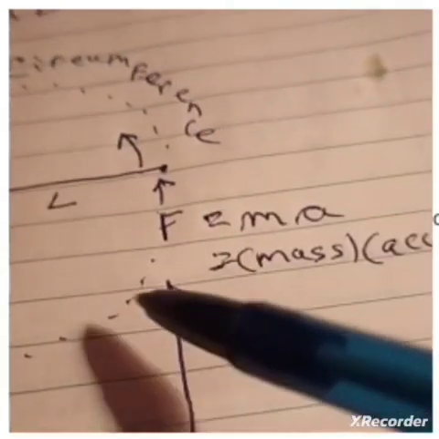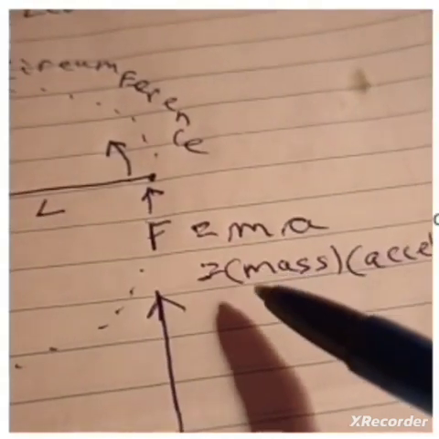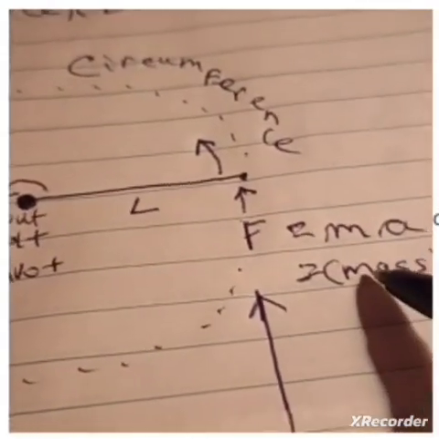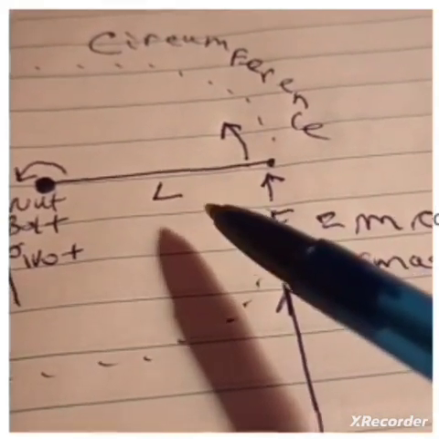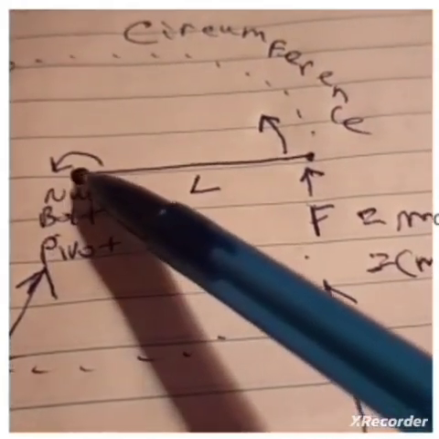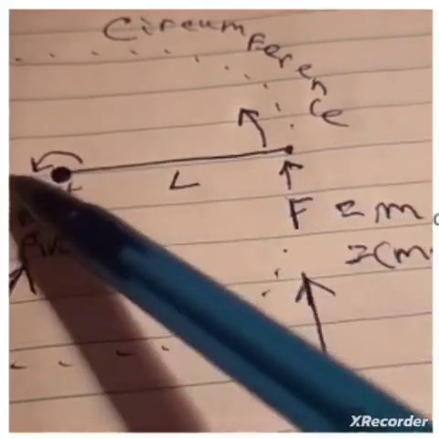Okay, the equation for force is mass times acceleration. That's how they explain why there is an increase in force here on the nut. I mean, it's greater than that applied, and it's right here.